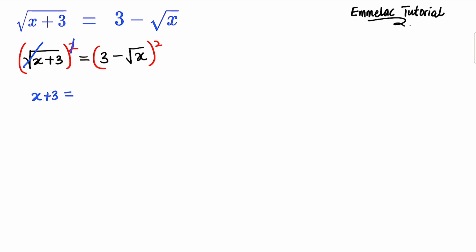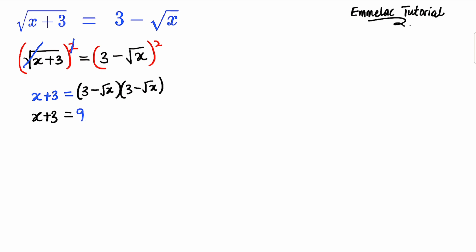And when we expand this, for clarity's sake, let me write here we have 3 minus the square root of x, then 3 minus the square root of x. So here we then have that x plus 3 equals 3 times 3, that will give us 9.